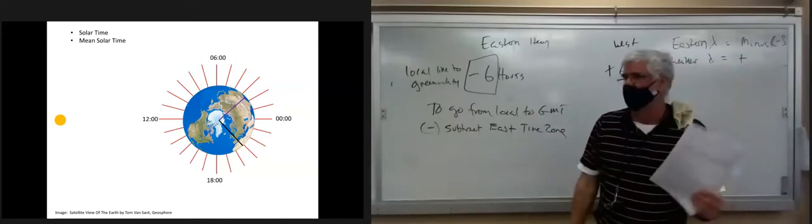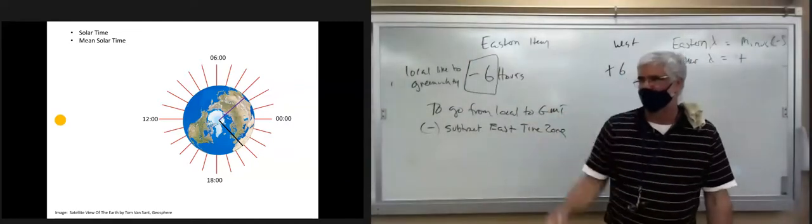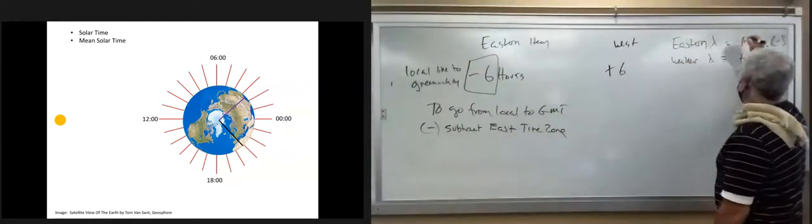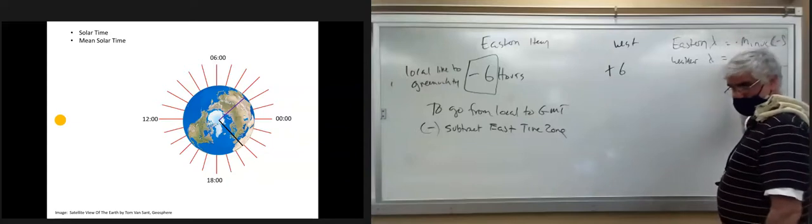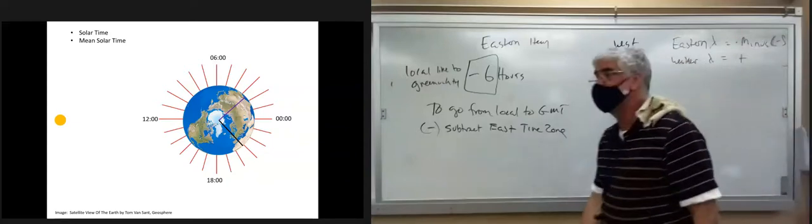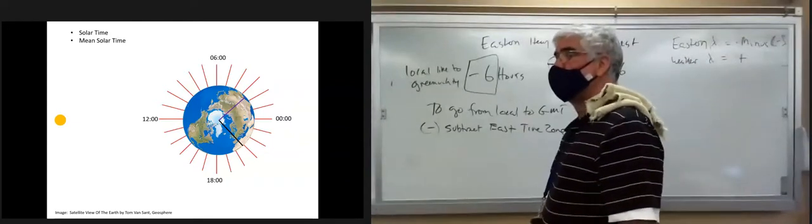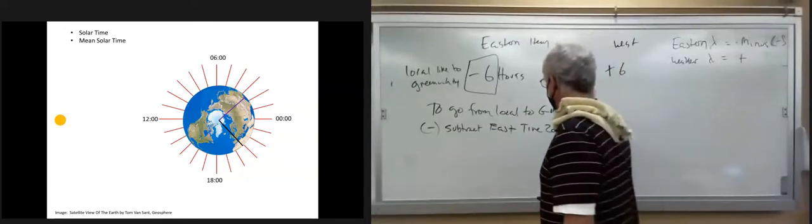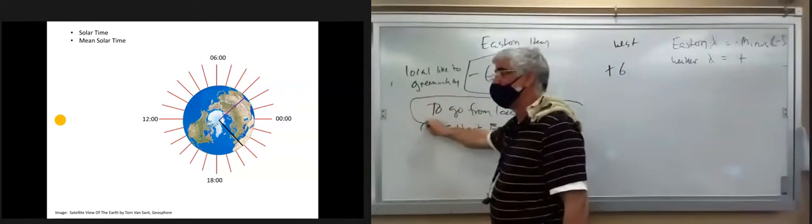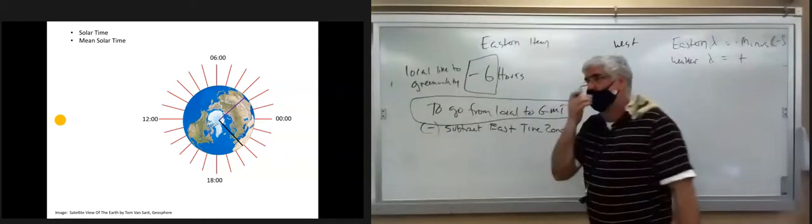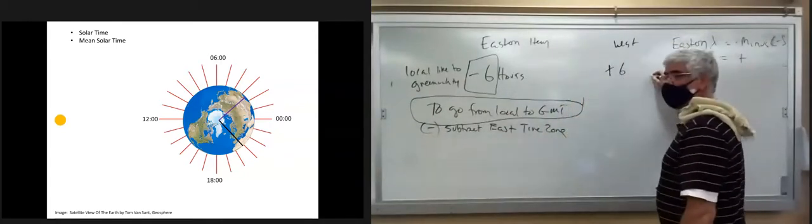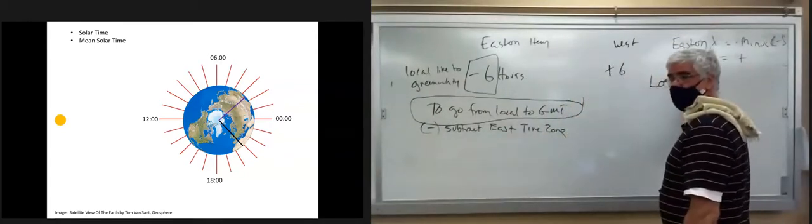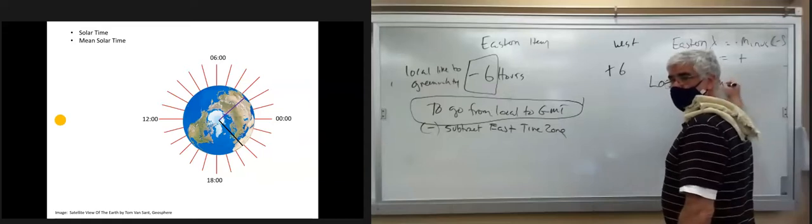When do we follow those rules? Oscar, when do we follow the rules where we minus if it's east and we plus if it's west? When do we follow those rules? We follow those rules when we're going from local to GMT.